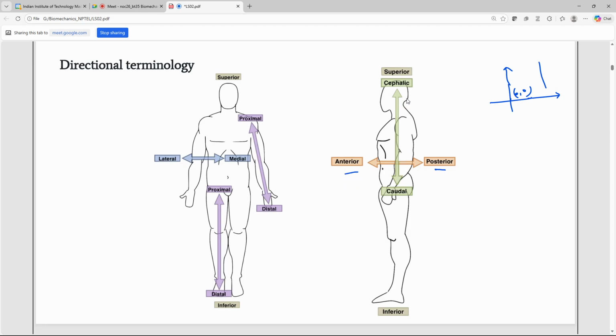And similarly, superior and inferior have two other names, cephalic and caudal. Cephalic is towards the head, caudal is from cauda, another term for tail, so it's towards the tail bone.